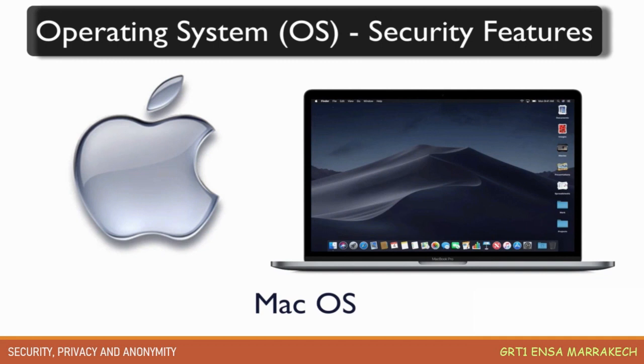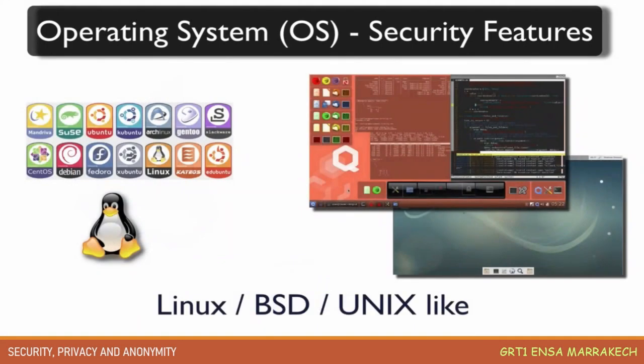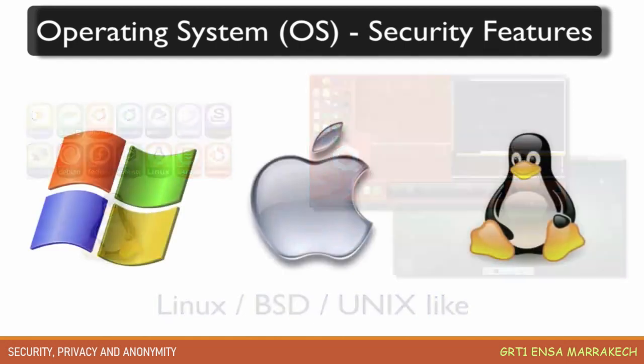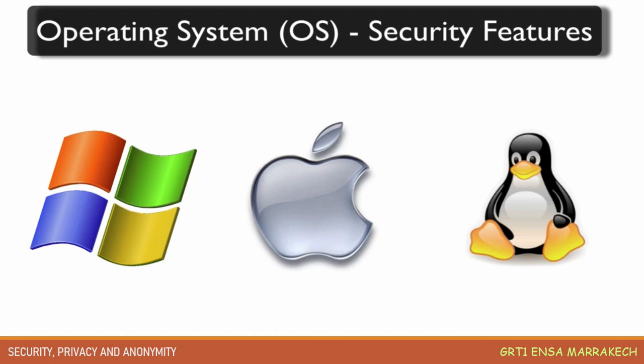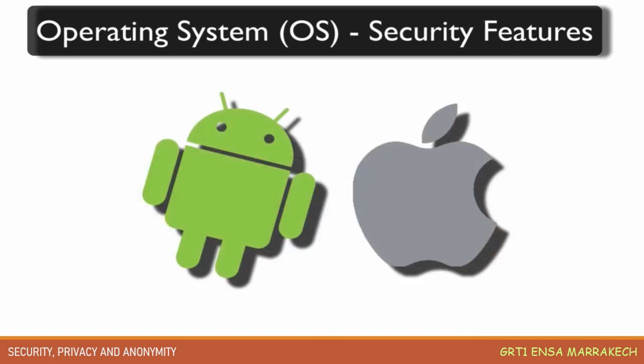After it comes Apple with MacOS X, then the Unix-like operating systems, Linux and BSD. Those three have a large market share for computers. What about smartphones? Obviously, Android and iOS are the conquerors.